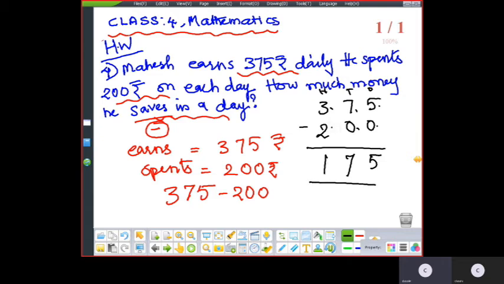So how much money is he saving now? Saves is equal to 175 rupees. Understood the subtraction and how to do it, children? Okay. So he's saving 175 rupees each day. So should I give you one more problem?